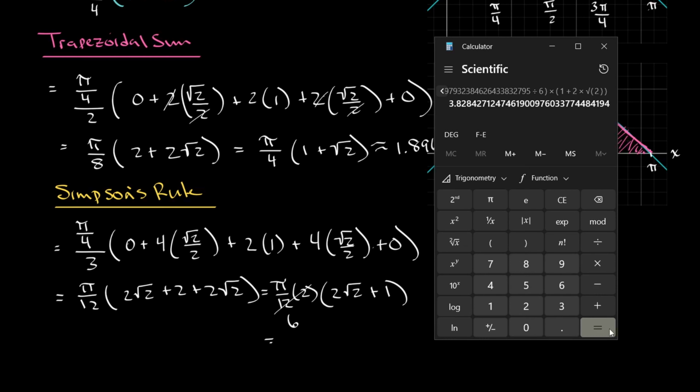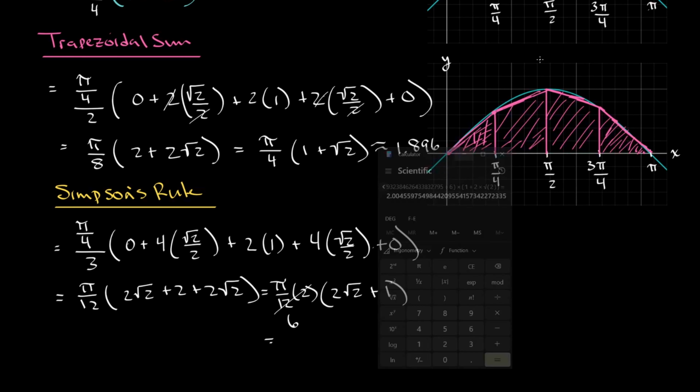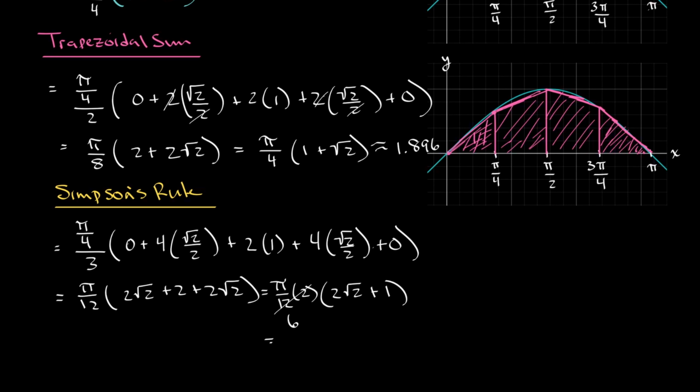And then what does this come out to? 2.00, and if we round, that's going to be 2.005. Let's say that, 2.005. So this is roughly 2.005.